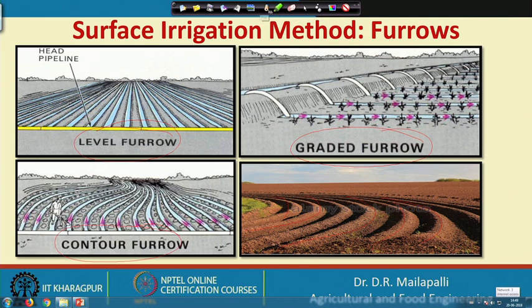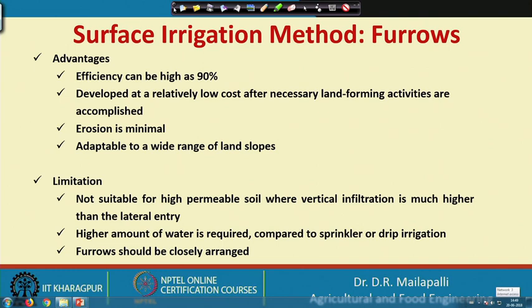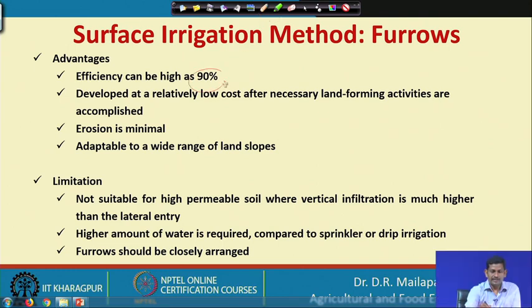The next is the advantages of furrows. We can achieve 90% efficiency, and they develop at relatively low cost after necessary land forming activities are accomplished.